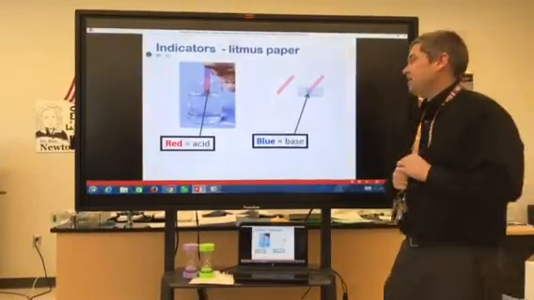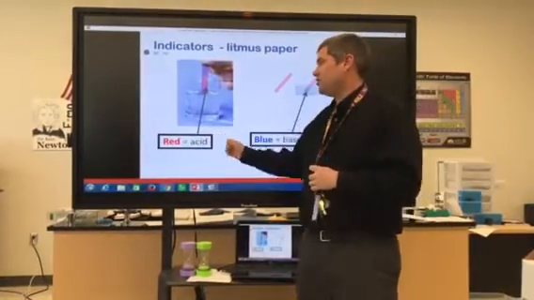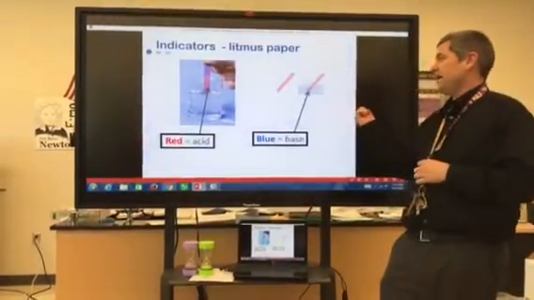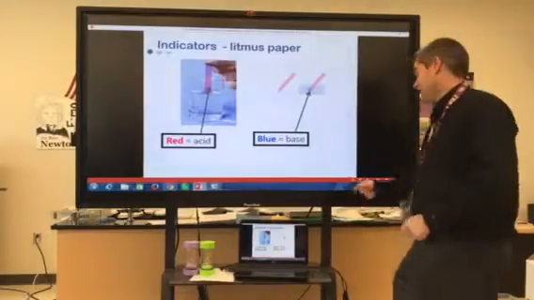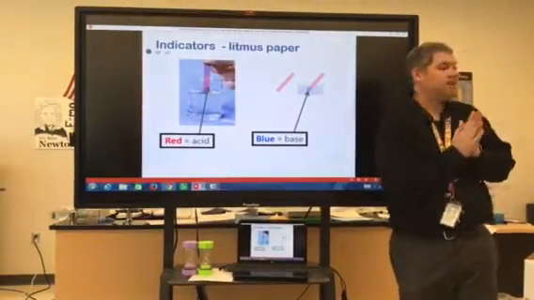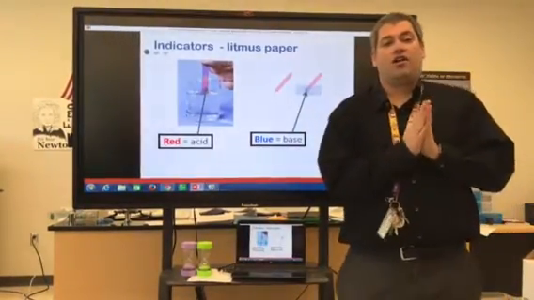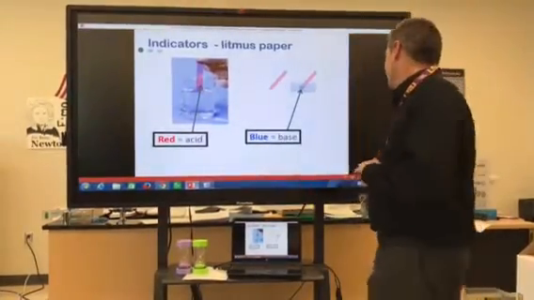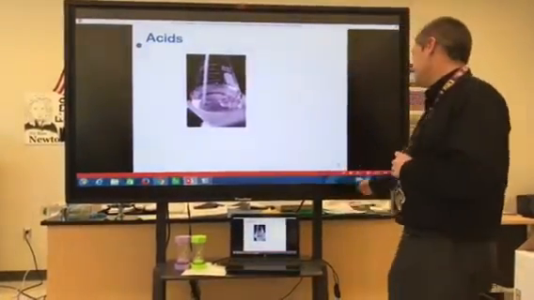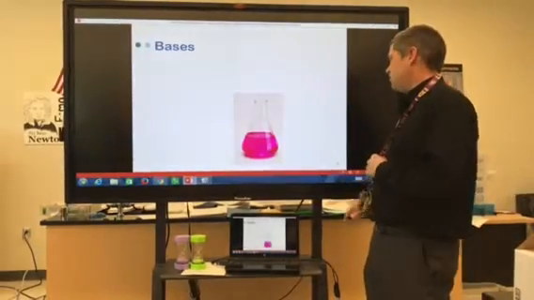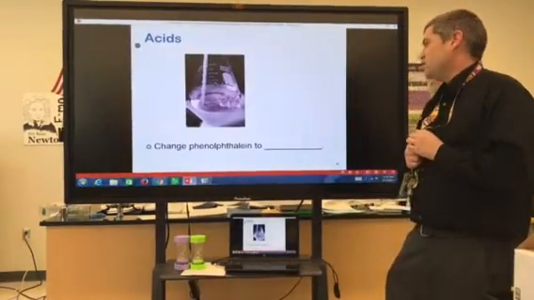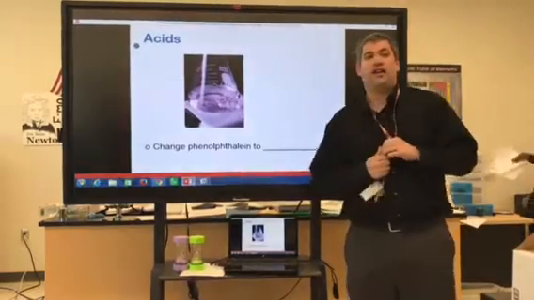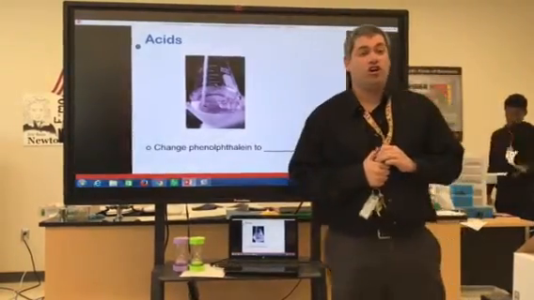Okay, indicators. Litmus paper: red equals acid, blue equals base. There is also pH paper that you can use to get the exact pH. Acids will change phenolphthalein to clear.